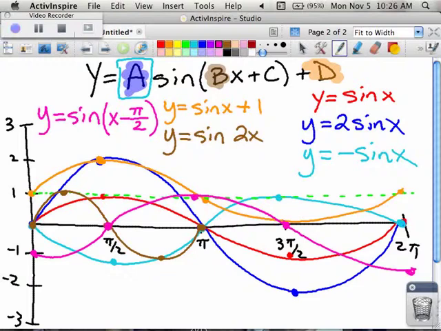The way that you find your shift, because shift happens, is you set the stuff inside the parentheses equal to 0. And the c specifically, of course, is affecting that shift, but it's actually all of it. So if I set the x minus pi over 2 equal to 0, the thing that makes that 0 is pi over 2. That's why I've shifted everything pi over 2.